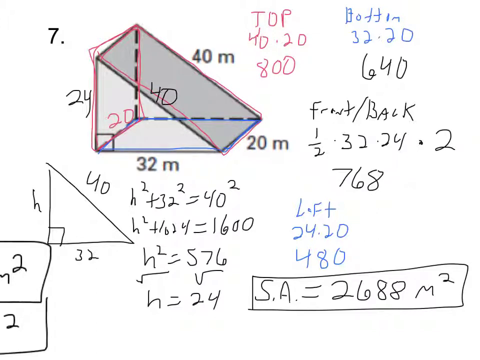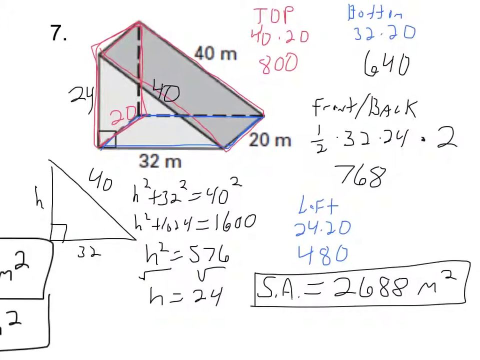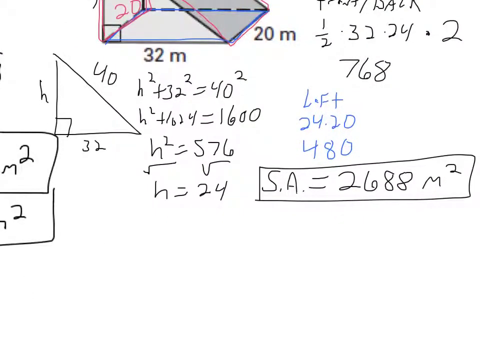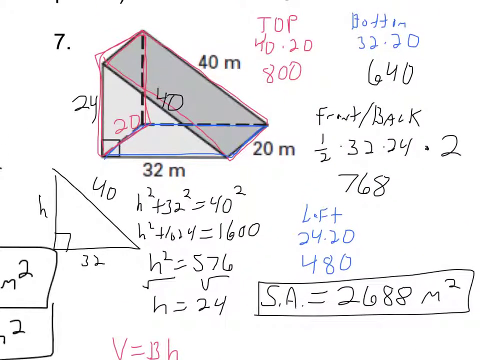Okay, volume of a prism, as we talked about before, is capital B times H, where the capital B is the area of the base, and H is the height. In this case, the base is the triangle, because that is the shape that's repeated over and over.